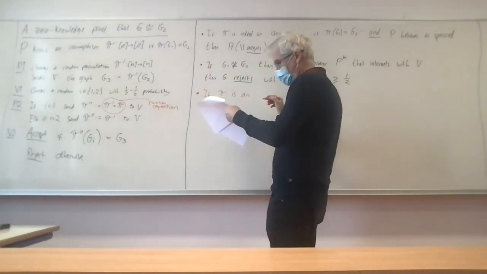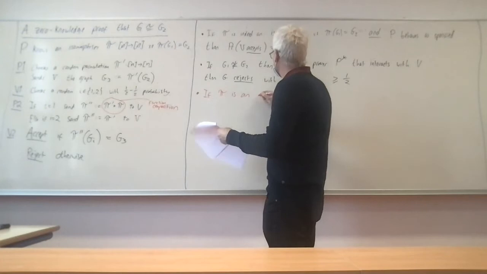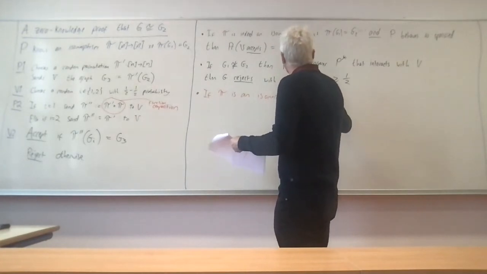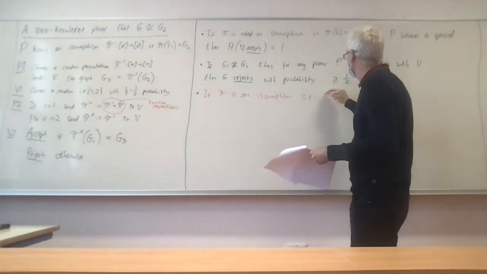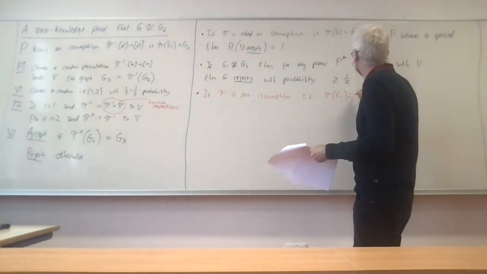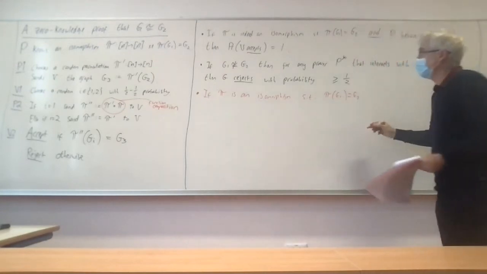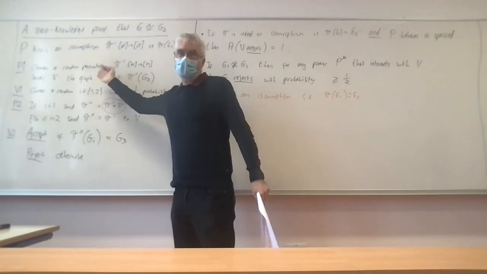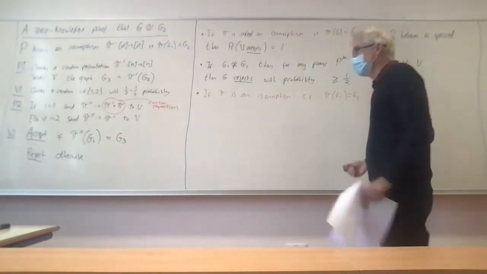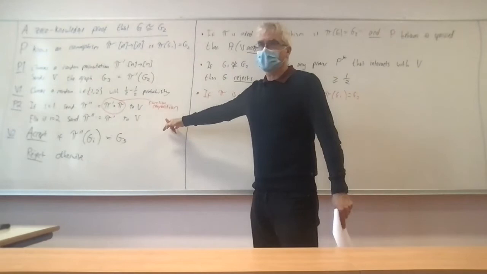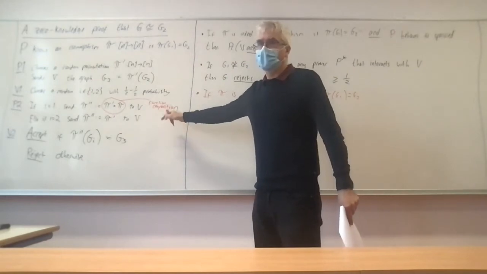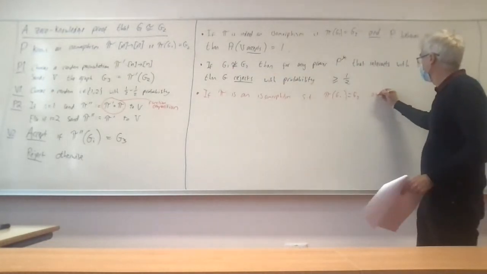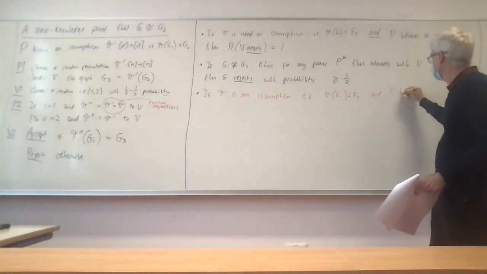So if pi is an isomorphism such that pi of G1 is G2, again, we can assume that we've got the actual official P. What we want is that the actual official P that behaves in this way, as specified here, cannot leak any information to the verifier. So we're going to assume that P behaves as specified.